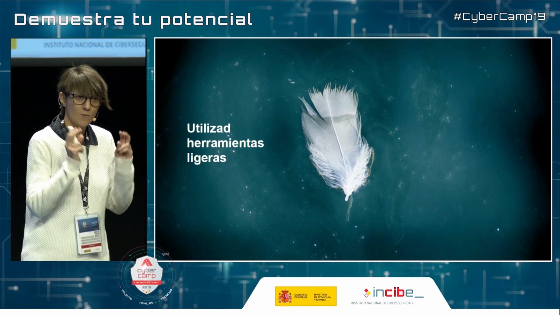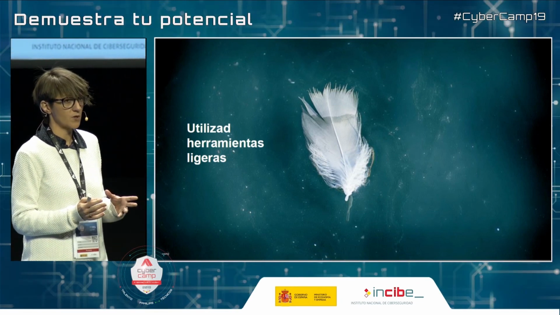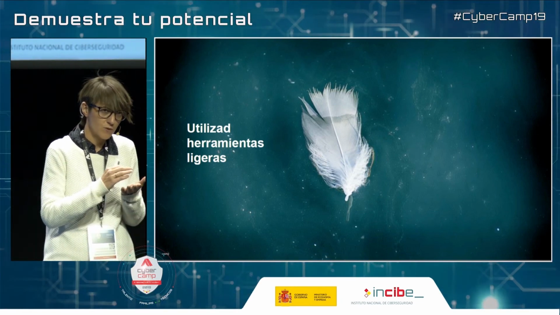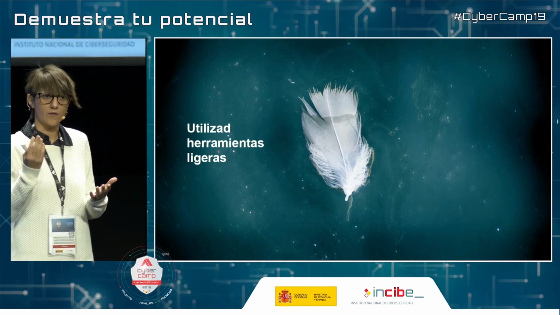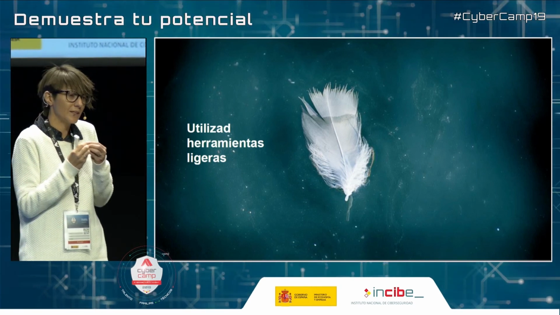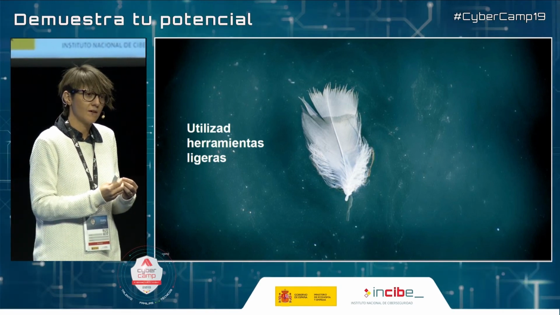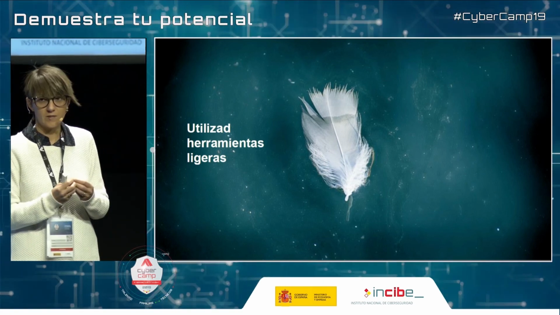So the tools that we use in that process need to be as light as possible. They must not take up a lot of space in terms of memory, so that when we use that tool to make a clone, for example, it needs to take up a little bit of space so that we alter the system as little as possible.